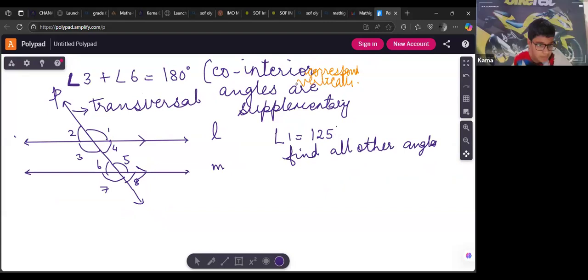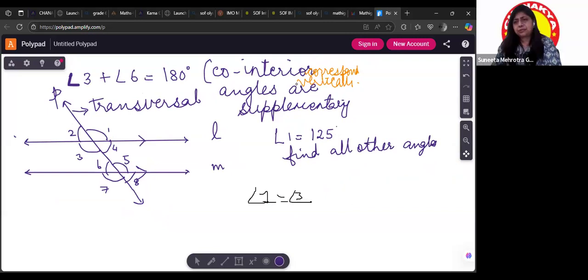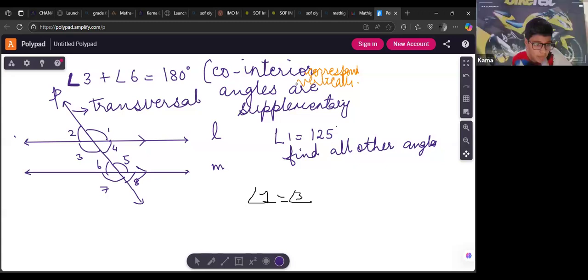Angle 1 is equal to angle 3. Sorry if my handwriting is bad. No issues, whatever the writing is, it will be accepted. Angle 1 is equal to angle 5.